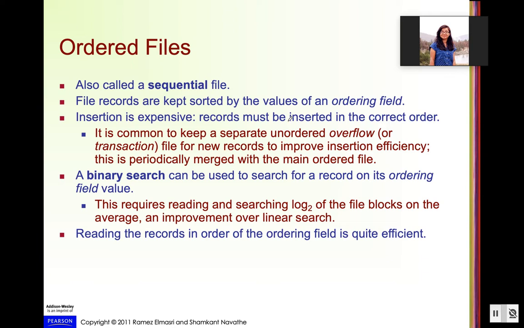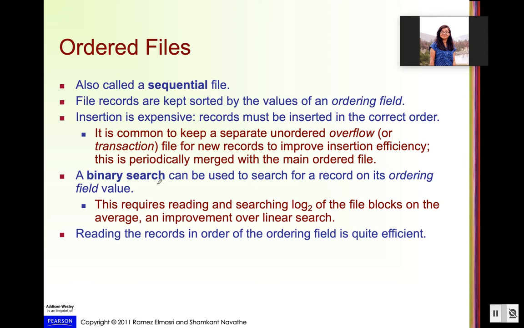Sometimes it's common to keep a separate unordered overflow file for new records to improve insertion efficiency. It means you just insert a record there, and then periodically you merge them with the main ordered file.